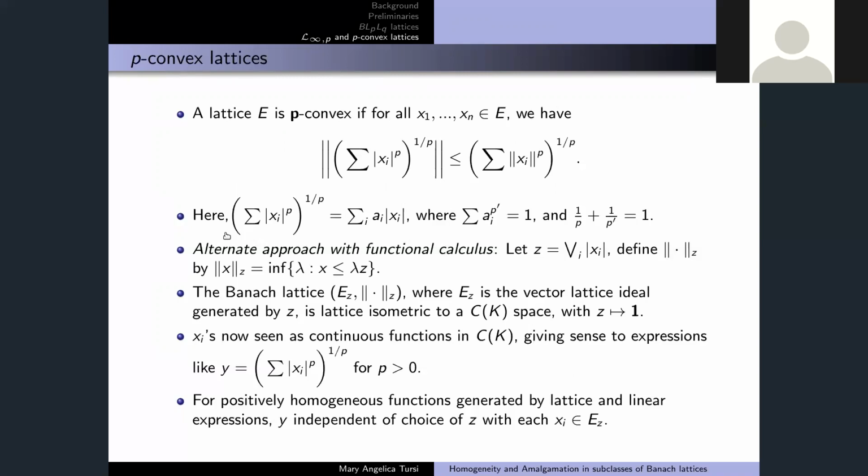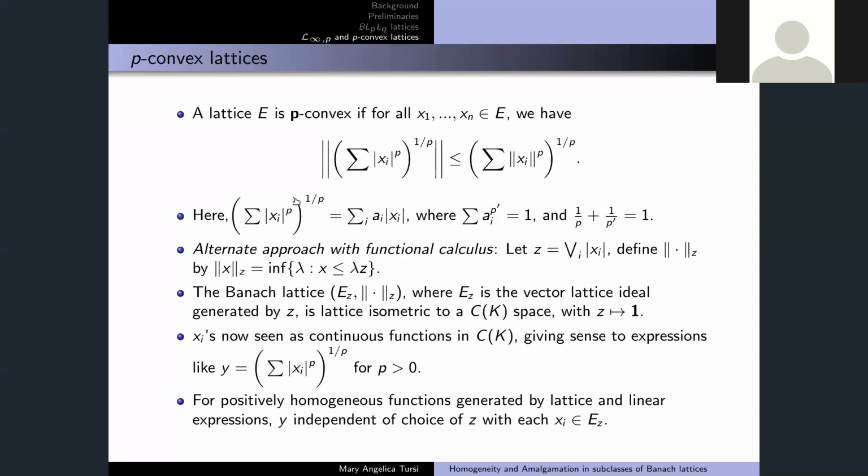Now this expression can make sense if you're dealing with an order continuous lattice, because those kinds of lattices are vector lattice ideals in some function space, and then you can just let the componentwise values for these functions determine what this xi to the p sum to the 1 over p is. Or if you're dealing with a C of K space, this also makes some sense.